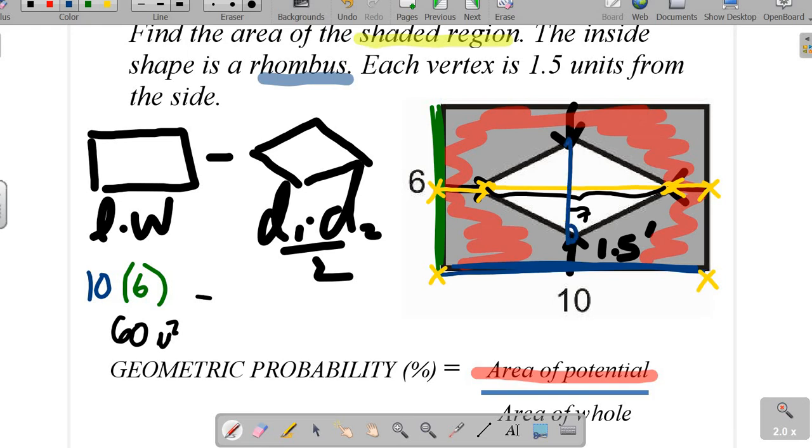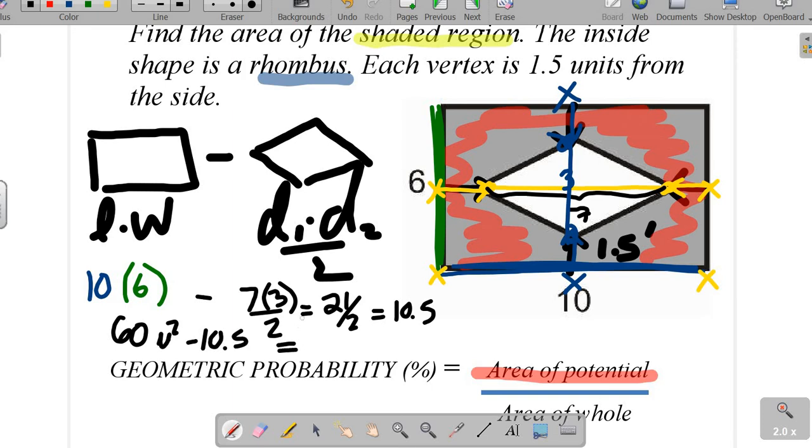Going this way, if you put your finger here and here, pinch it, you can see that distance is 6. And we go in 1.5, in 1.5. That means this diagonal here is 3. So one diagonal is 7, the other diagonal is 3, over 2. That's 21 divided by 2, which is 10.5.